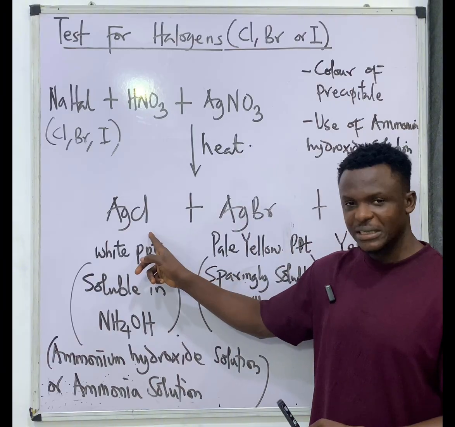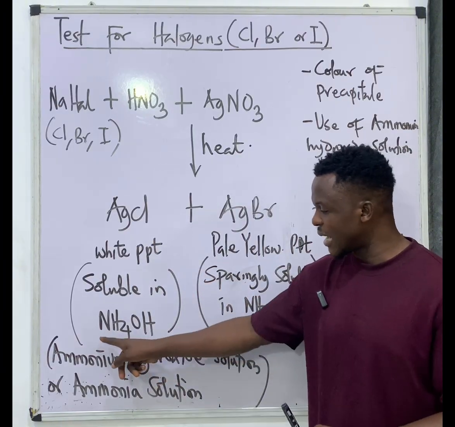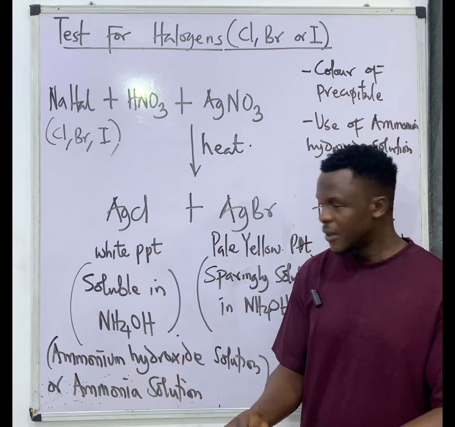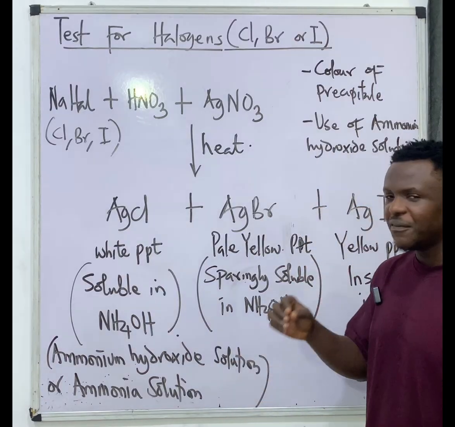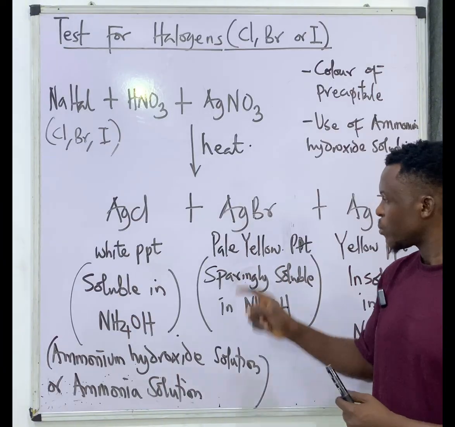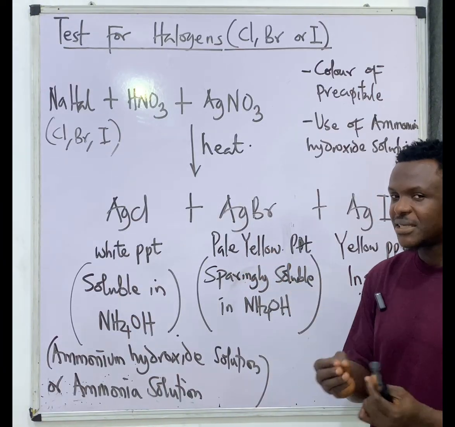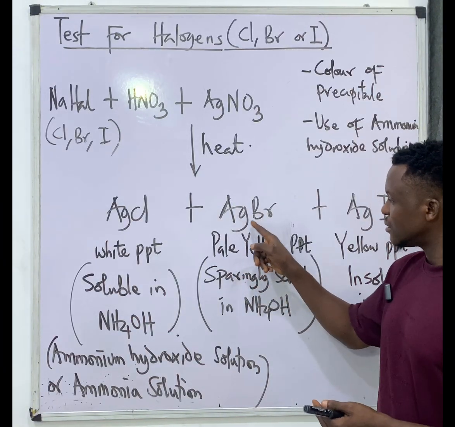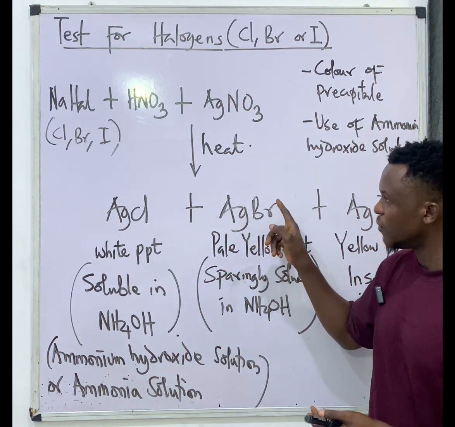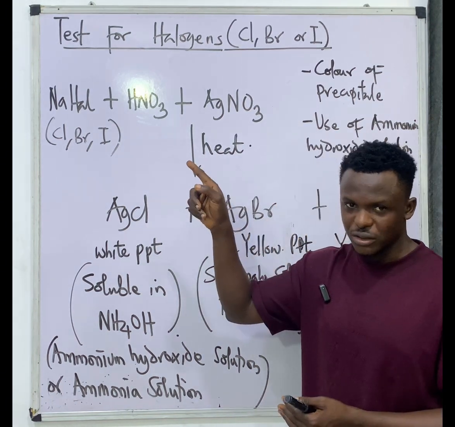And if you dissolve this white precipitate in ammonium hydroxide, it is soluble. How about if the color of the precipitate, after you transfer the content into water, is pale yellow or light yellow? That means the precipitate is silver bromide, which indicates the presence of bromine as the halogen.